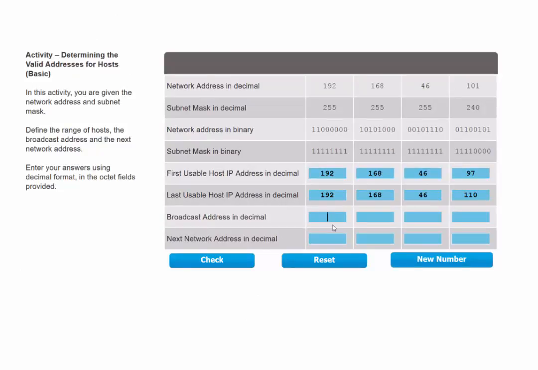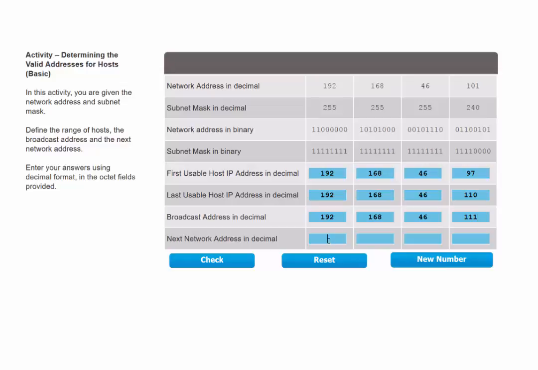The broadcast address is simply to increment 1 here. Okay, so it's 192.168.46, and then we increment this by 1, so 111.